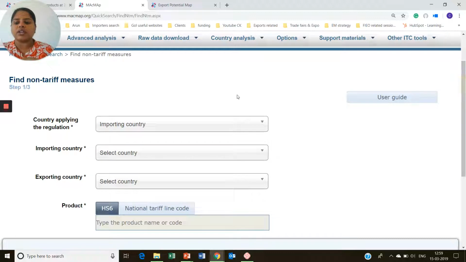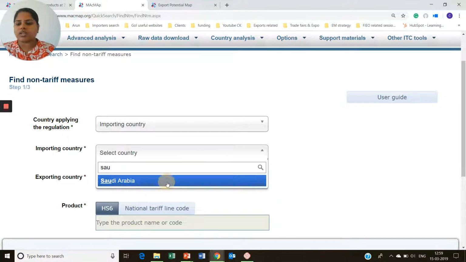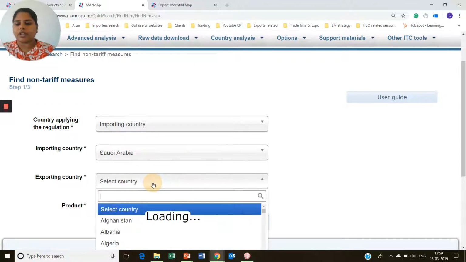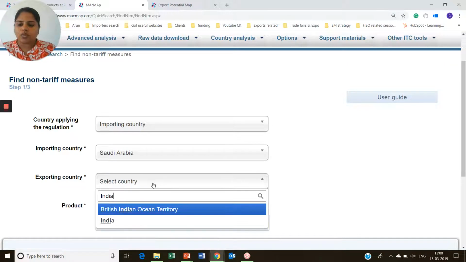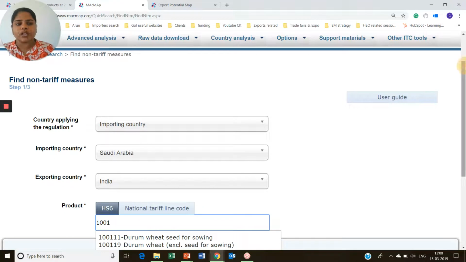So here I want to know what rules the importing country has. Here, Saudi Arabia. Then I want to particularly know what measures Indian exporters have to take when they export to Saudi Arabia.